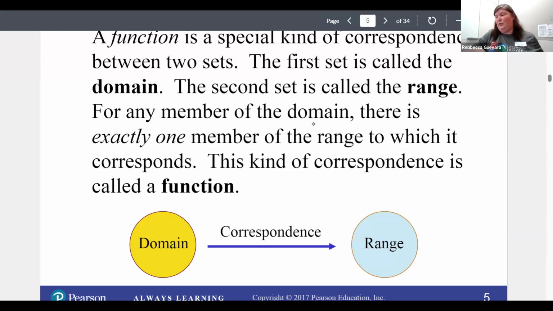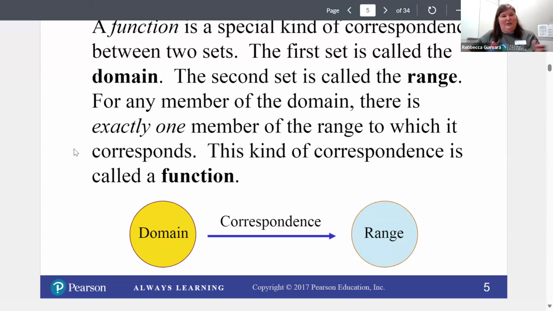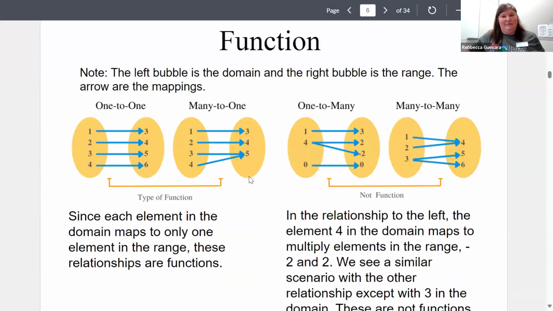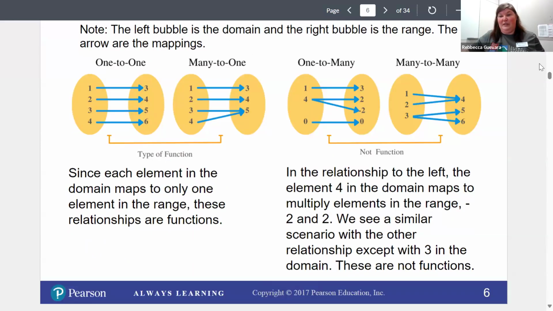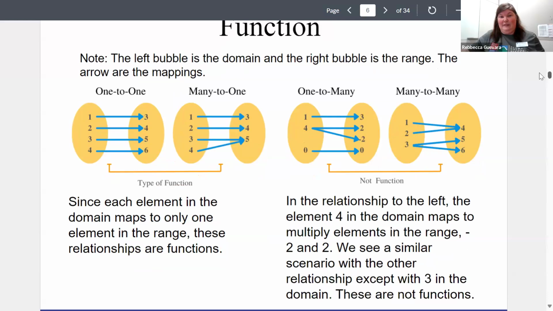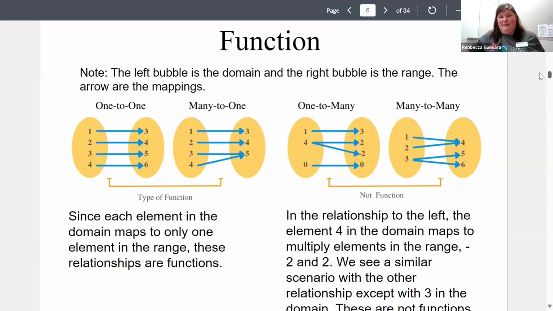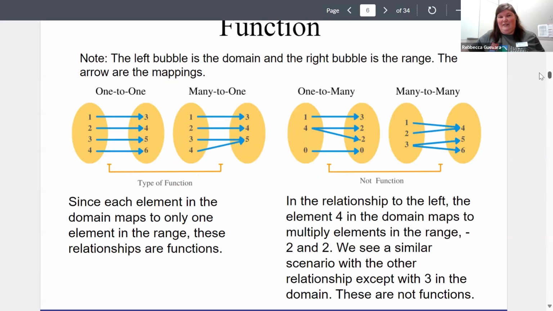So we're not necessarily saying one-to-one, but it should definitely be that one number goes to one other number. I'll have to cut that off just a little bit there at the top. Doesn't like to fit. There we go. Note that the left bubbles are the domain and the right bubbles are the range.